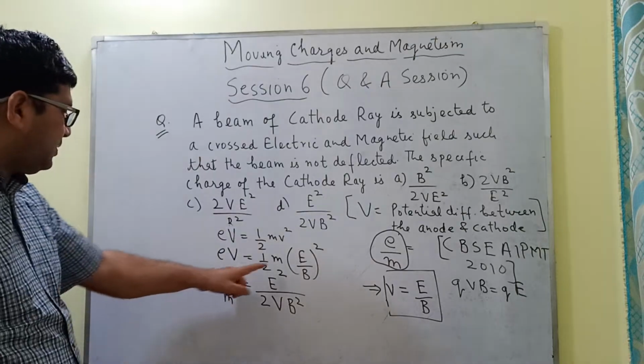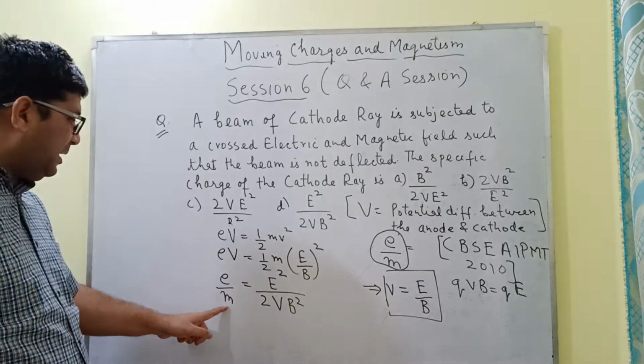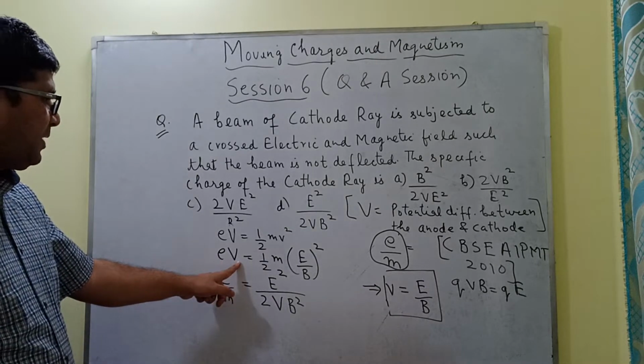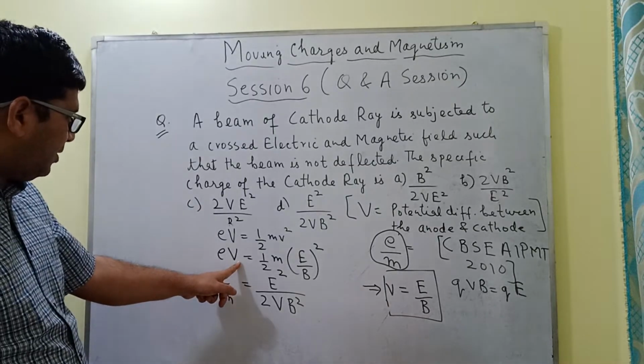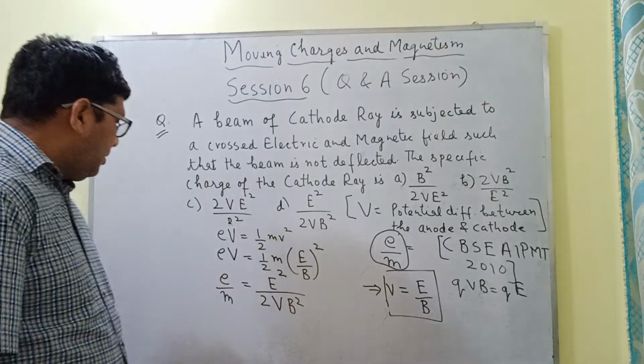What I have done is that I have shifted this m to the left hand side of this equation, and this V, that is the potential difference between the cathode and the anode, has been shifted to the right side of this equation.